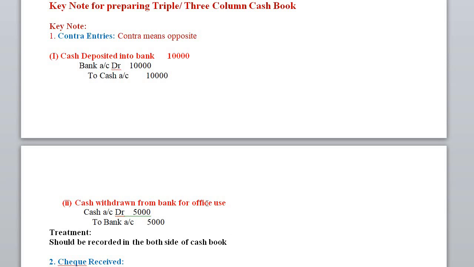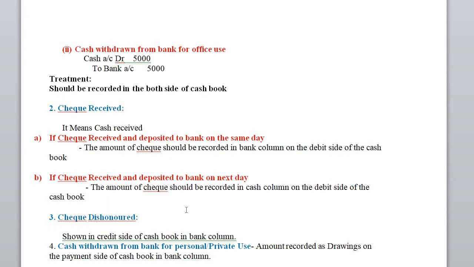The second treatment, adjustment, check received. Here, if a check is received, what does it mean? Cash received. Here we are going to see two scenarios when checks are received. The first one: the check is received and deposited to the bank on the same day.